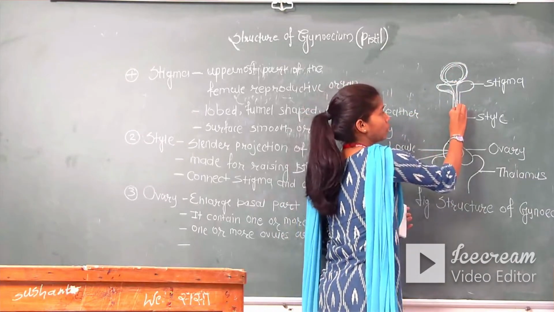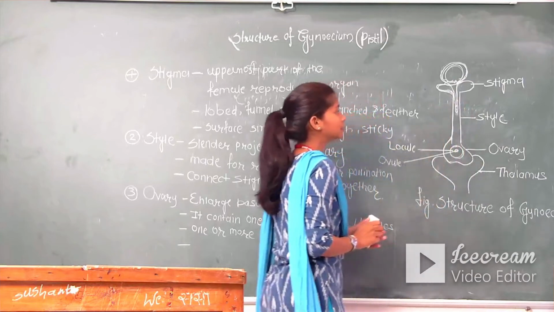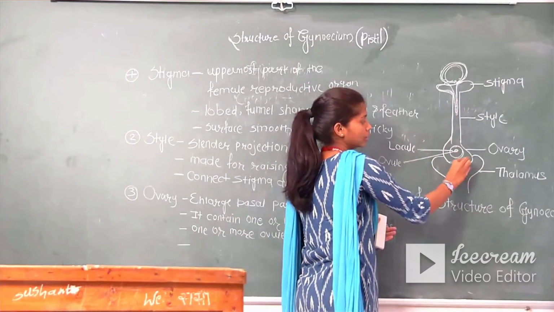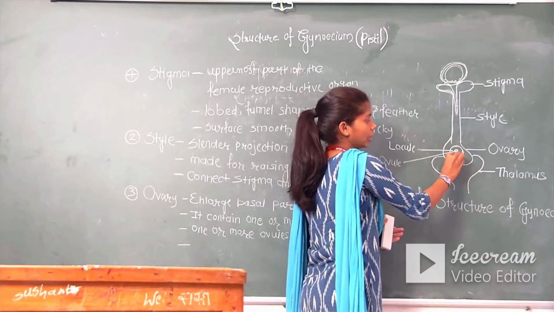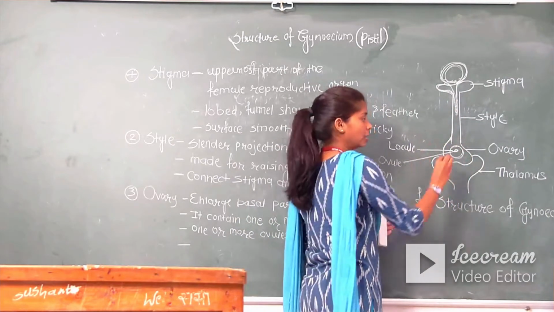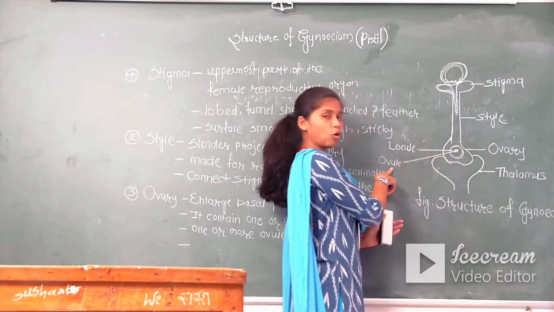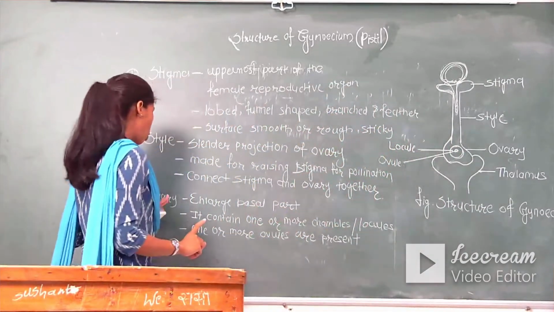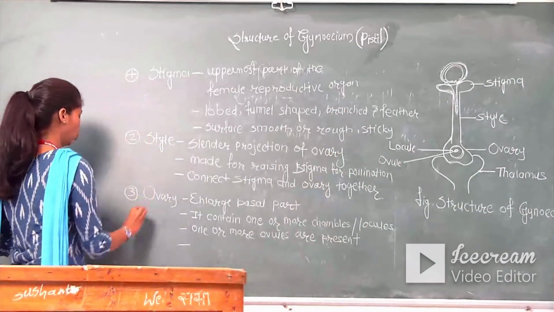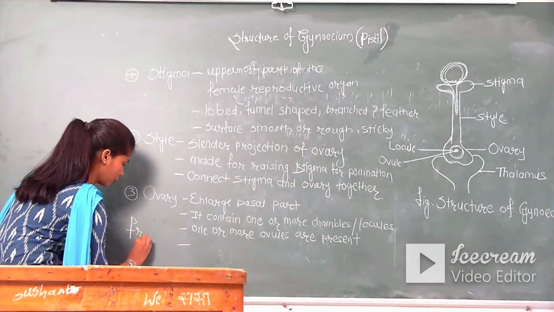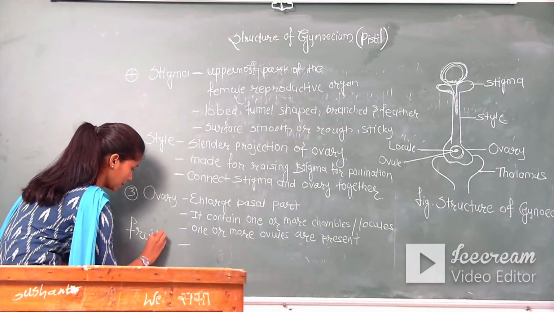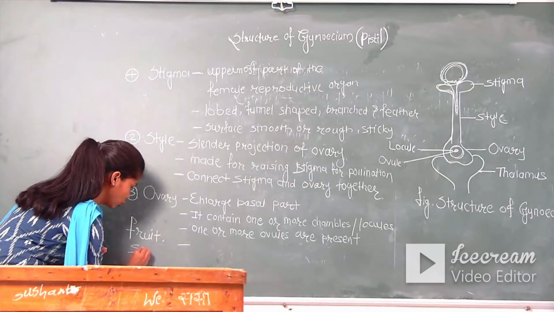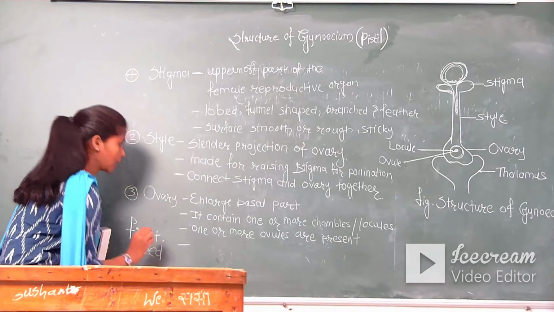This pollen tube contains two male gametes. As soon as the male gamete enters the ovary, it fertilizes the egg present inside the ovule. As soon as fertilization takes place, that ovary will get converted into fruit and the ovules will get converted into seed.